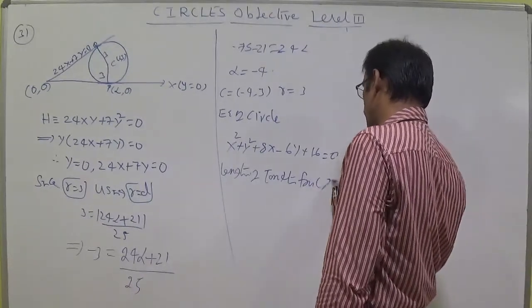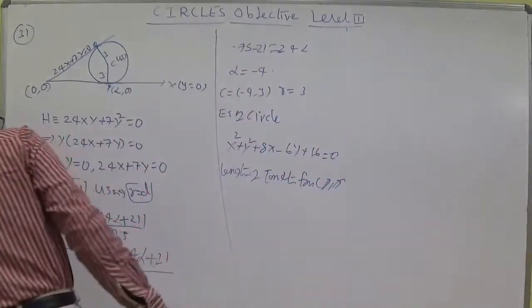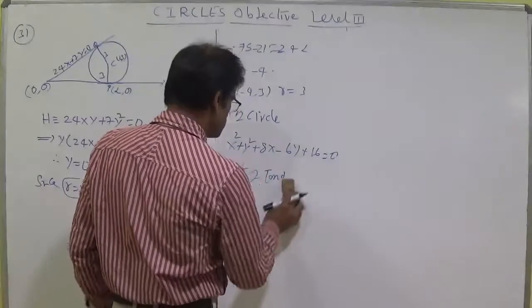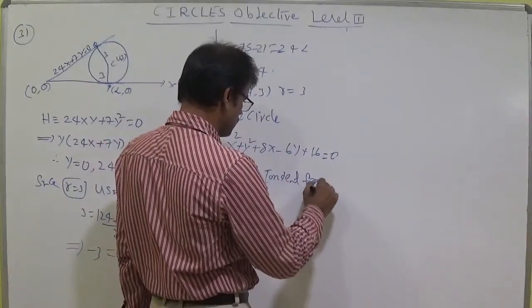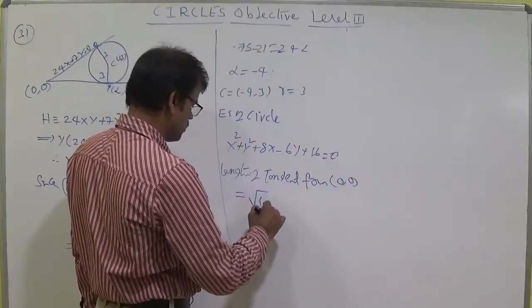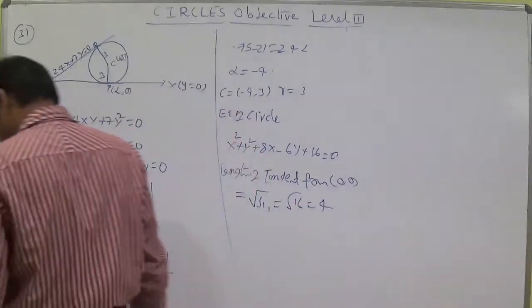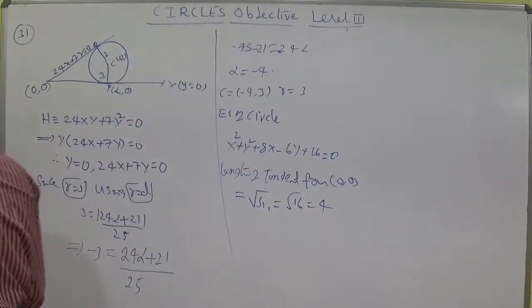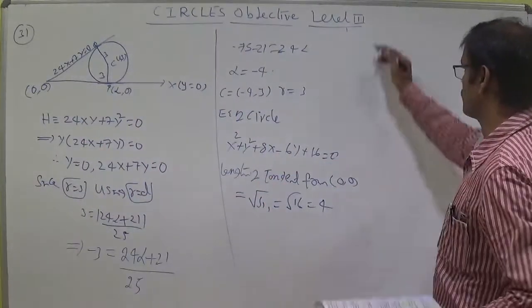Length of tangent from (0, 0) is root S11. So root 16, so it is the fourth option. Now let us discuss the 32nd question.